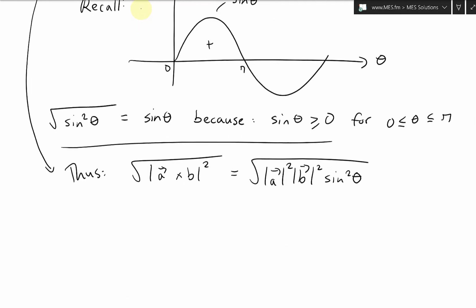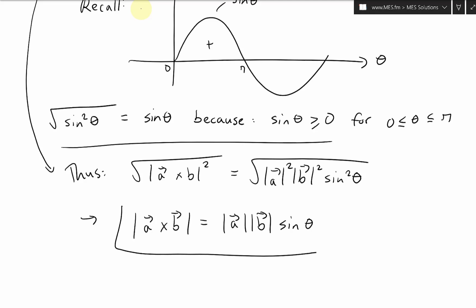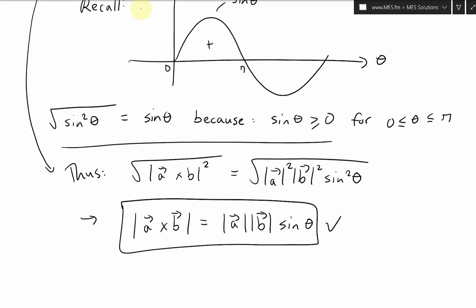All of this cancels, so we're going to be left with the length of A cross B equals, and all these squares cancel. We're just going to be left with the length of A times the length of B times sine theta. And there is our proof of theorem 2.